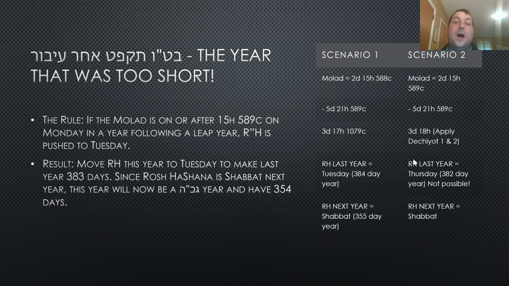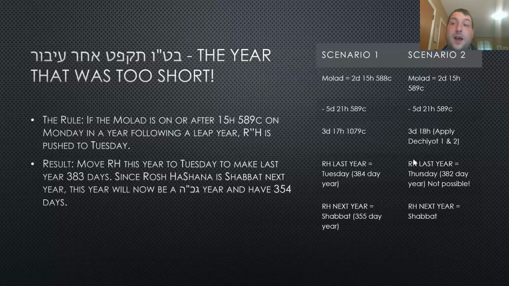So why is this the case? The case happens if the year before, the leap year, would actually be too short. So the molad this year is 5 days, 15 hours, and 588 chalakim. Note that that's one chelek short of the problem. Minus 5 days, 21 hours, and 589.